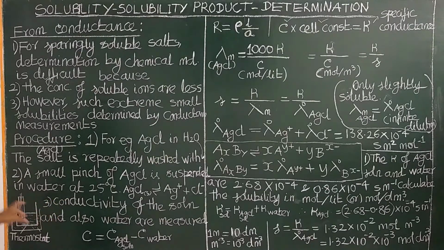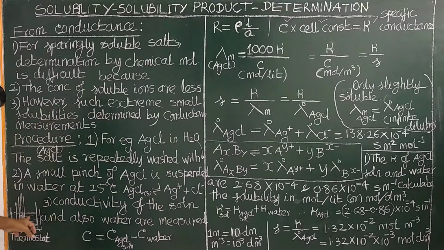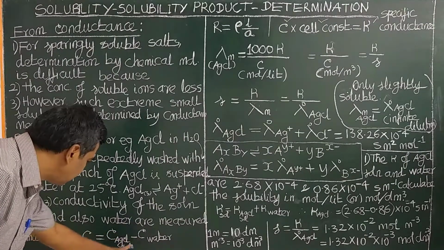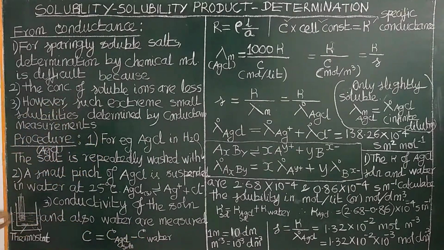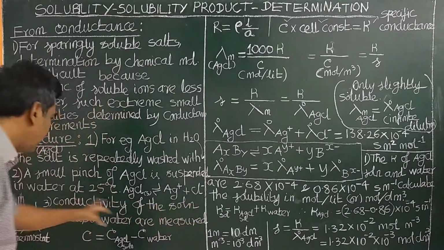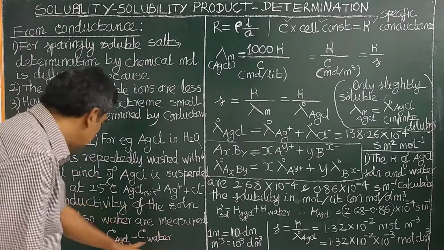In the third step, the conductivity cell is placed into the saturated silver chloride solution. The conductance of the saturated silver chloride solution and of pure water are measured.